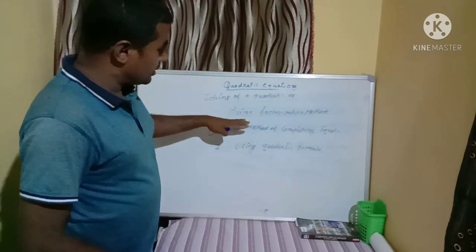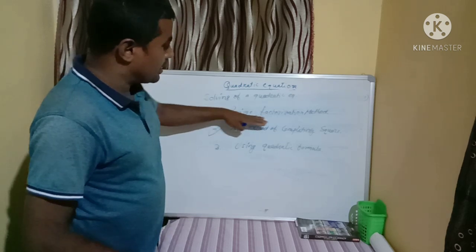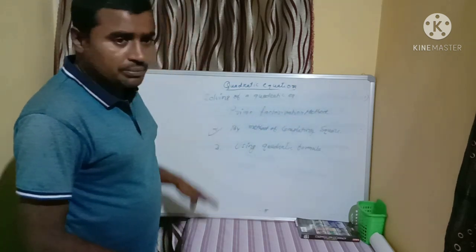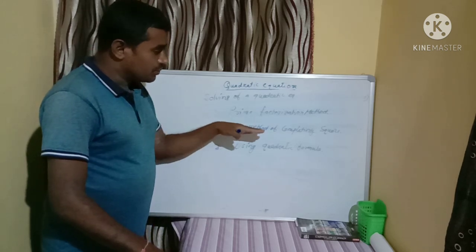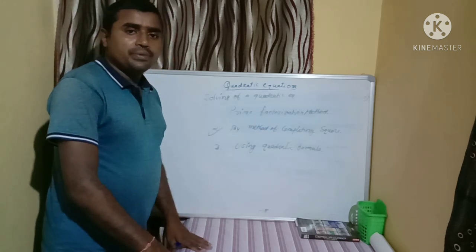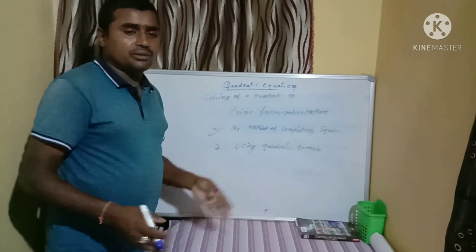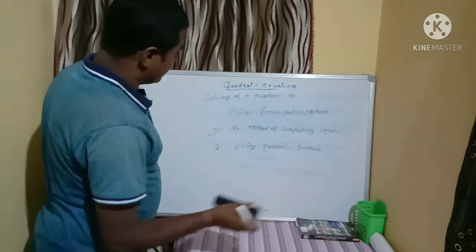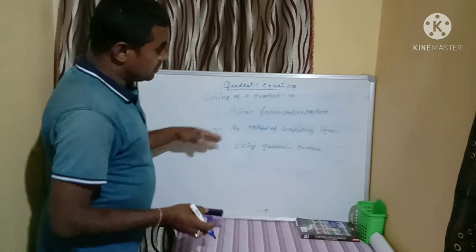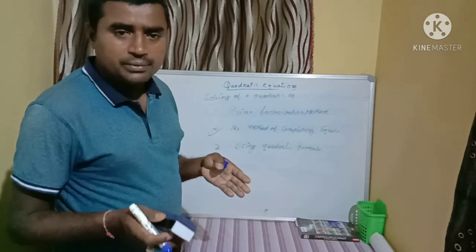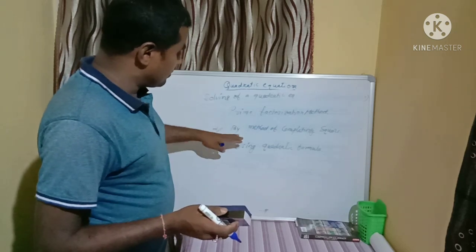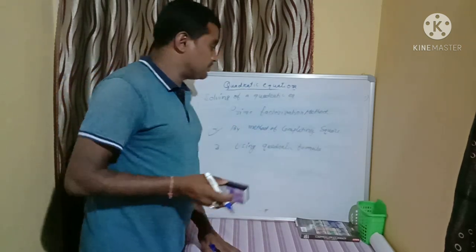It is because you are already almost familiar with the prime factorization method. So the second method, by method of completing square, I will try to discuss most elaborately here. Let's see how we can solve a quadratic equation using the method of completing square.